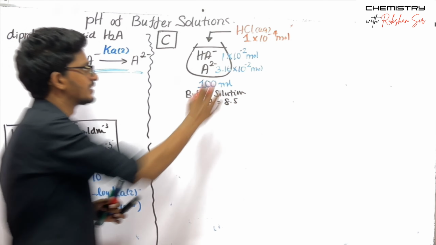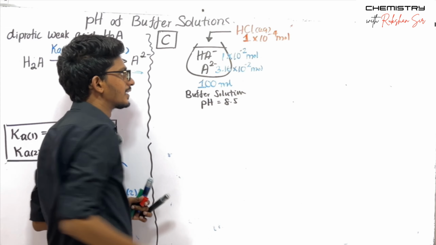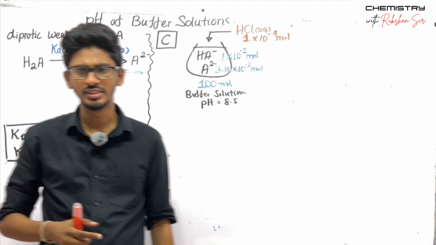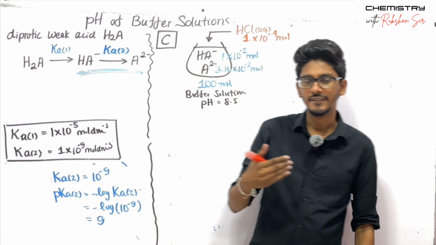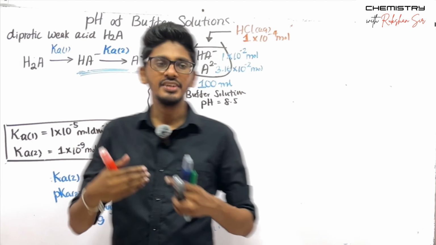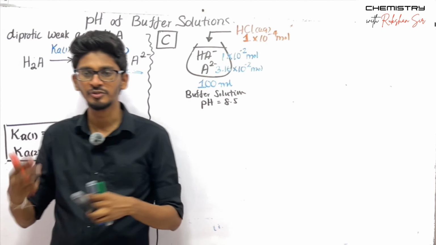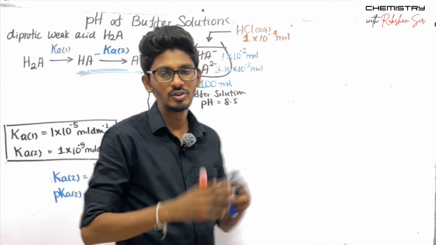This is the same amount of HCl we had added to neutral water at the start of the lesson. There, we added 10 to the minus 4 moles of HCl as well as 10 to the minus 4 moles of NaOH to water, and saw the pH change.